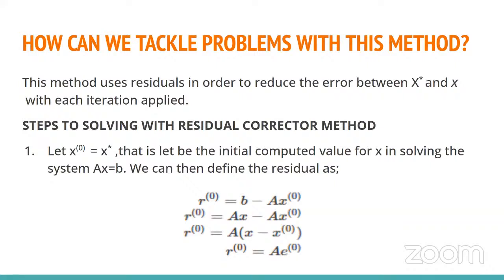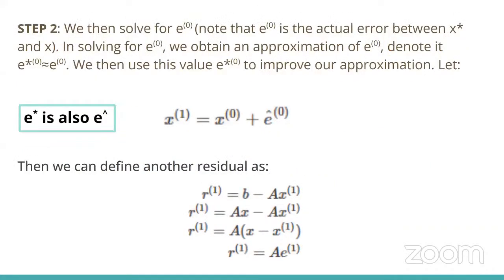Please, the next one. Okay, so in step 2, we then solve for E naught. Note that E naught is the actual error between your X star and the X. That's the actual or mathematical error between the actual solution and the approximate solution. So in solving for E naught, we obtain an approximation of E naught.